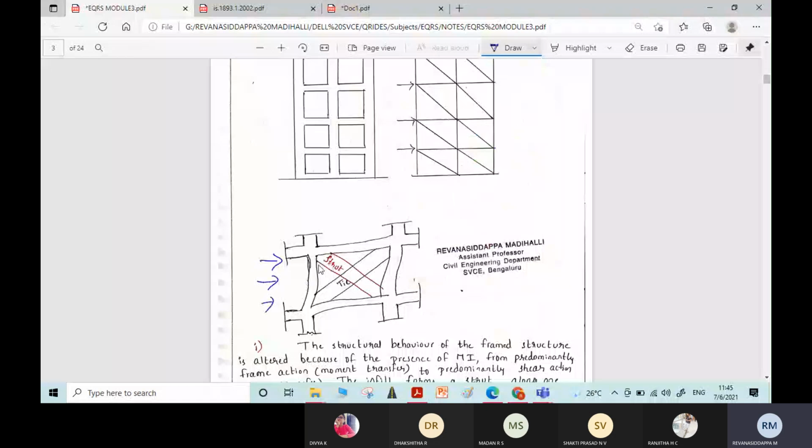Due to this lateral force, how will these walls contribute towards handling it?